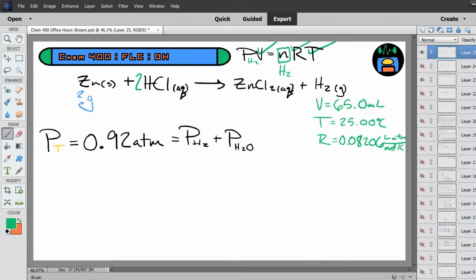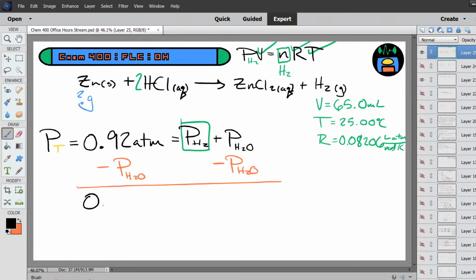So we need to solve for the partial pressure of H2, and we can do that if we subtract the partial pressure of water from both sides of this equation. That gives us an expression: 0.92 atmospheres minus the partial pressure of water equals the partial pressure of hydrogen.